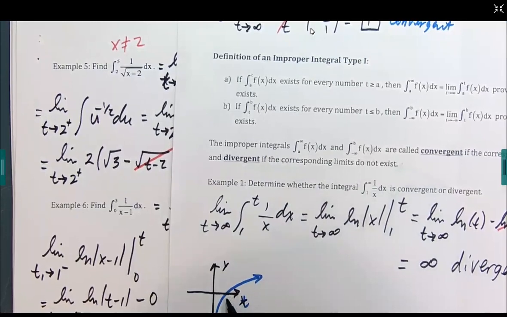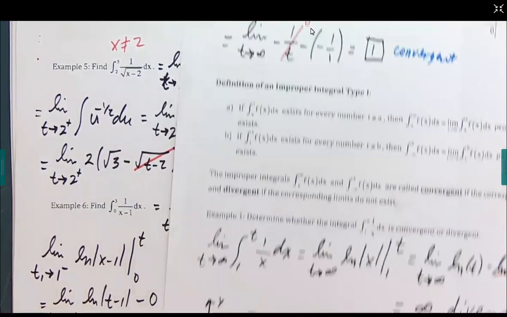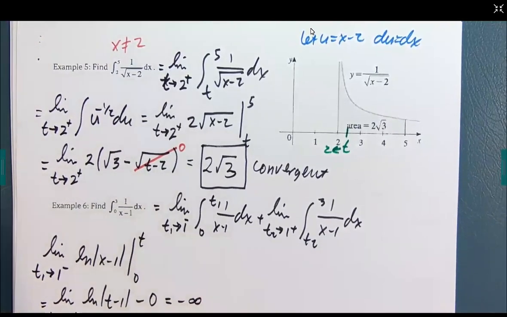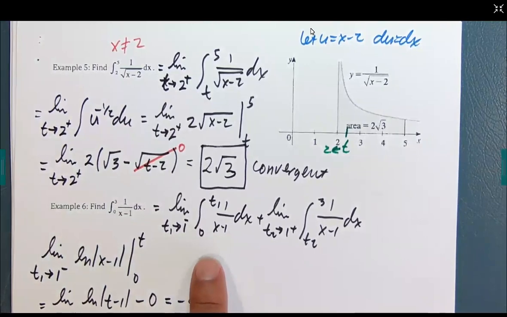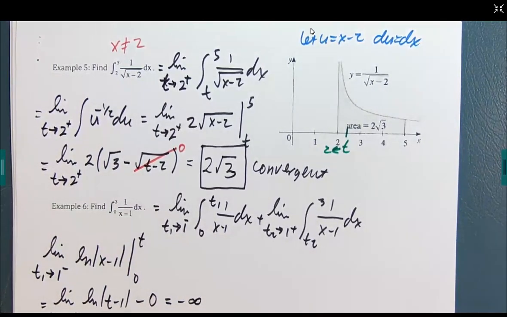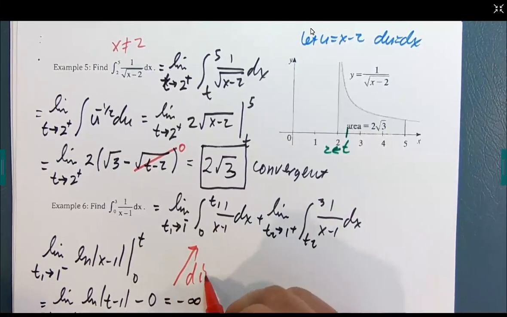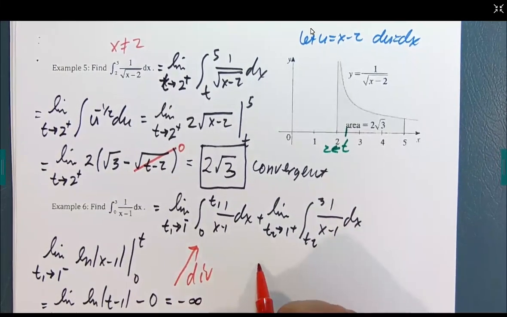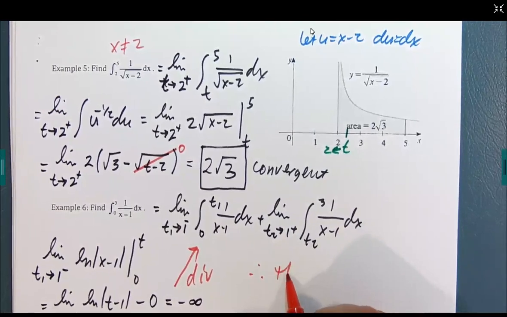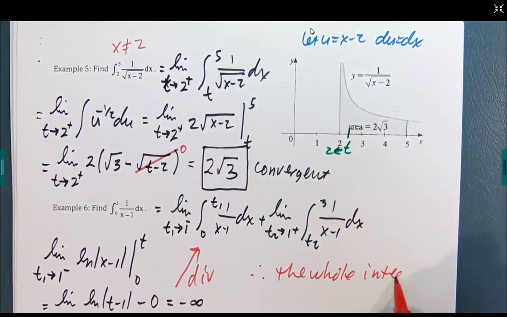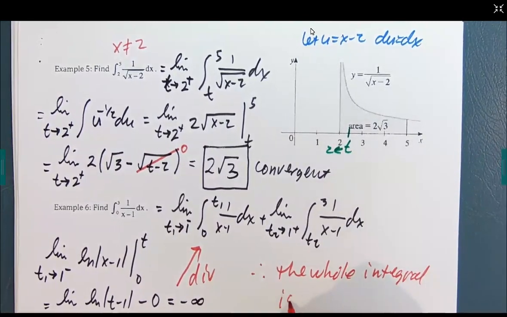As we're approaching 0, notice what's happening. This is shooting up to -infinity. So this whole thing ends up going to -infinity. Now, because just this one part is divergent, the whole integral is divergent.